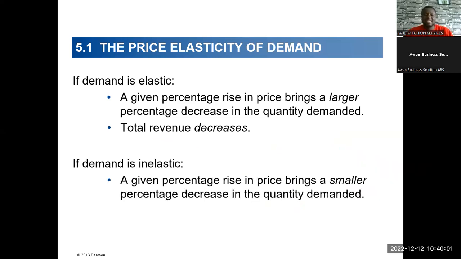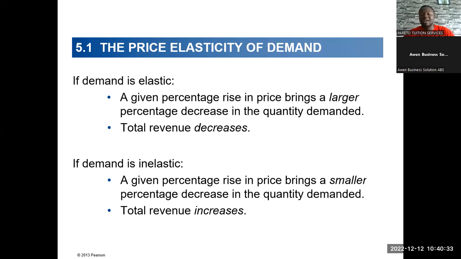What if demand is inelastic? It means that the percentage rise in price will be bigger than the percentage decrease in quantity demanded. So if you increase price by 20%, quantity demanded will fall by, let's say, 10%. So your total revenue will do what? Will go up. So if you are selling a particular good or service and you know the demand for the good is inelastic, if you want to get more revenue, increase price.